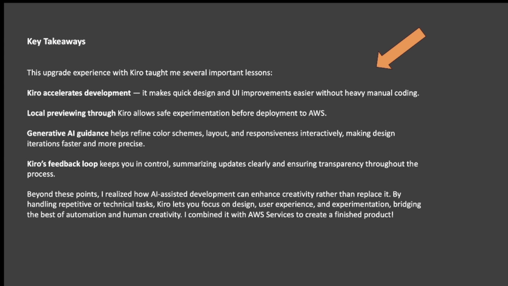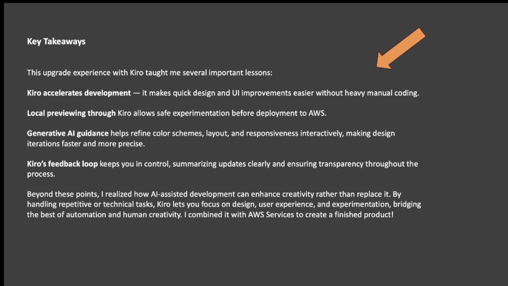So the key takeaway: this upgrade experience with Kiro taught me several important lessons. First, of course, Kiro does accelerate deployment and development. It makes quick design and UI improvements easier without heavy manual coding.